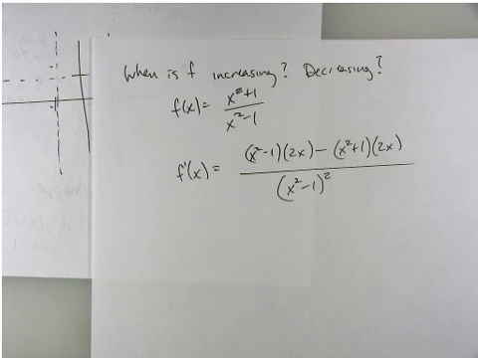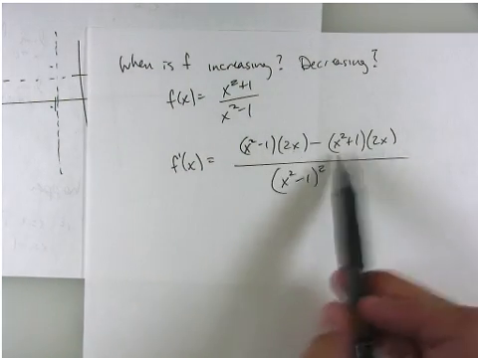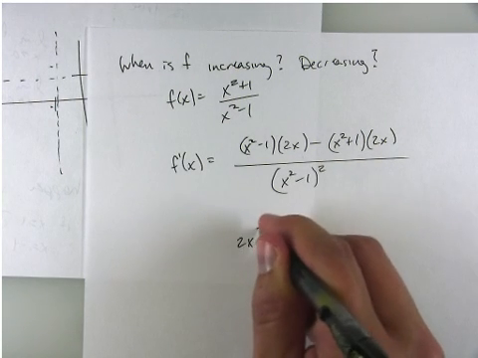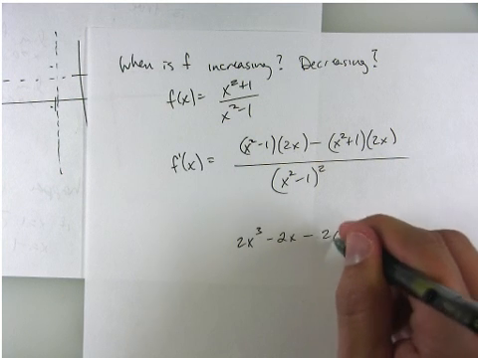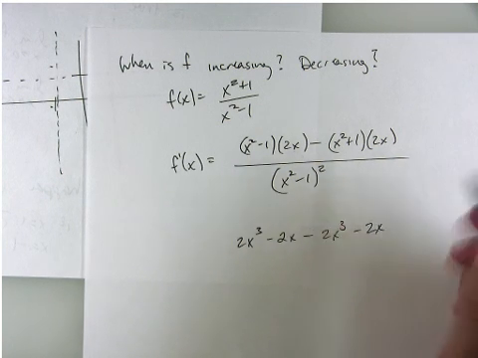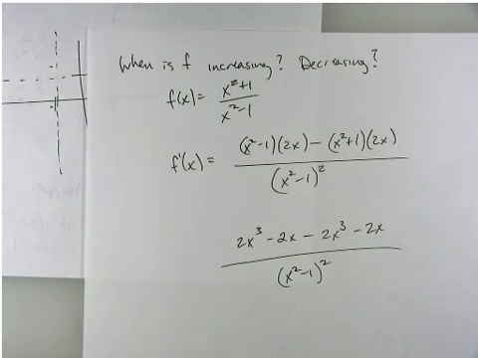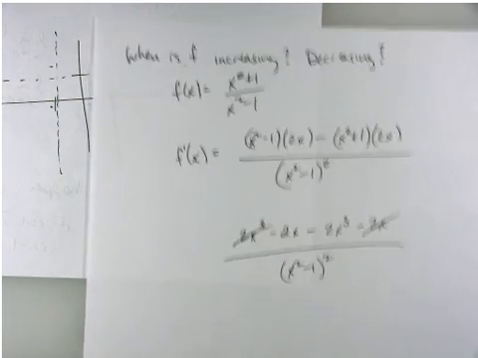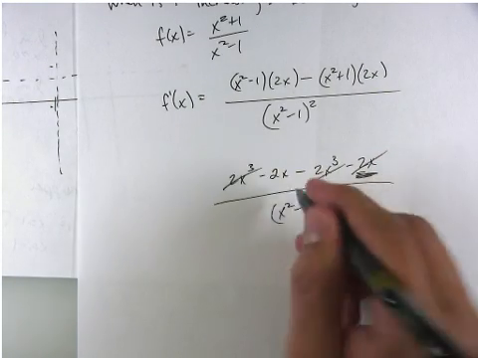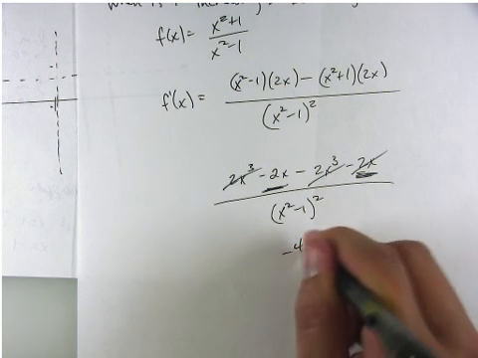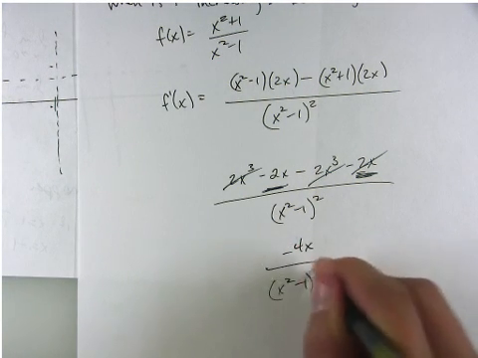There we go. Now I can use a little bit of algebra here. I can distribute these two x's. So I get 2x cubed minus 2x minus 2x cubed minus 2x, all divided by x squared minus 1, the quantity squared. Those 2x cubes cancel. I still have the 2x's. So that's negative 4x divided by x squared minus 1, the quantity squared.